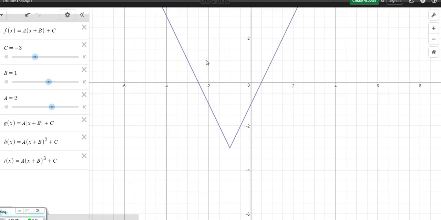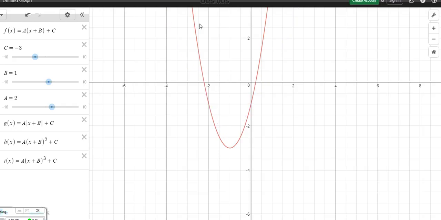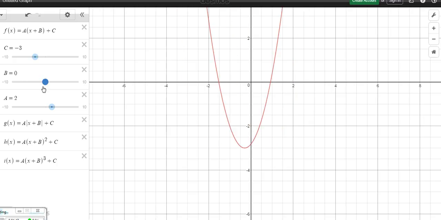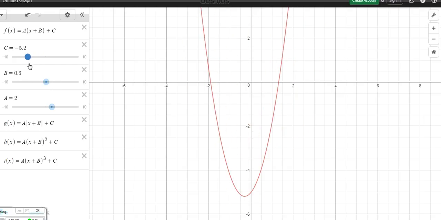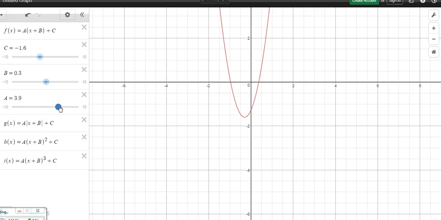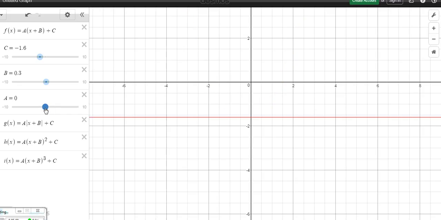Now, I can also do this with our parabolas, things that we've worked with during our quadratics. Again, this B value will shift everything sideways. C value shifts everything up and down. A value will narrow our parabola or widen it.